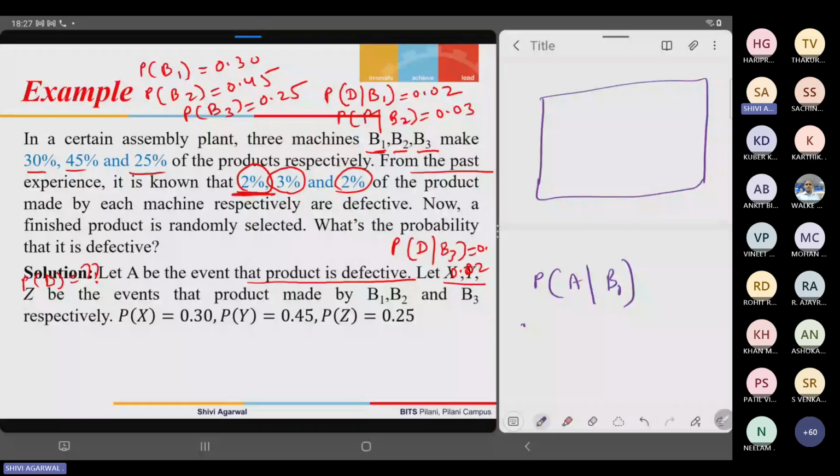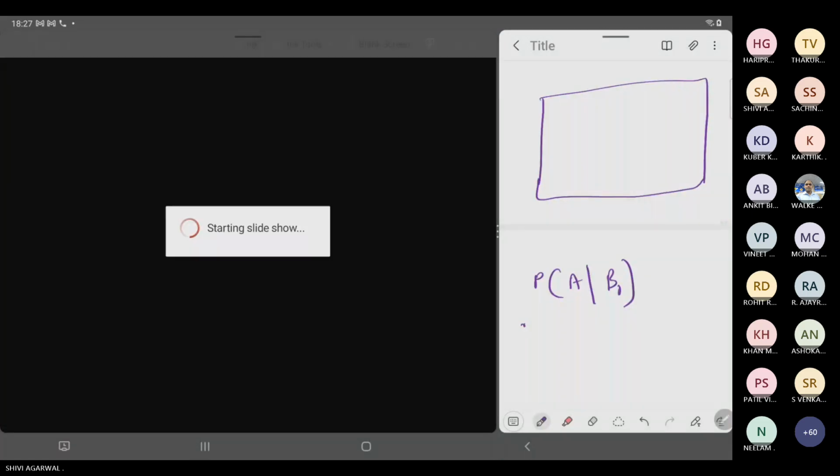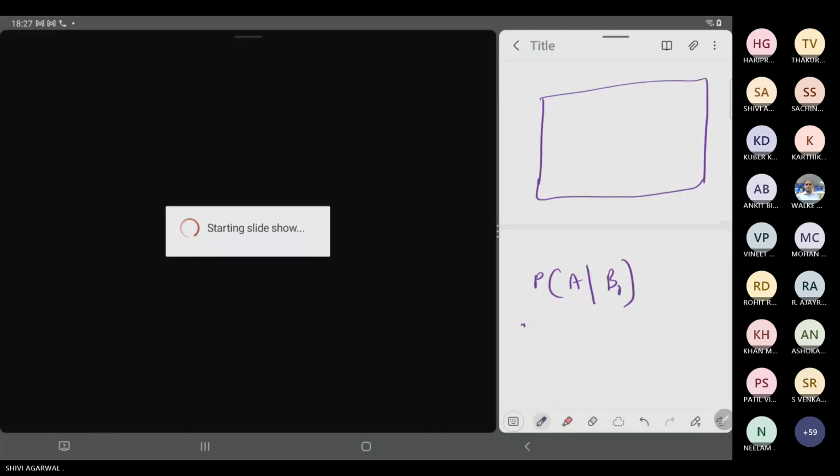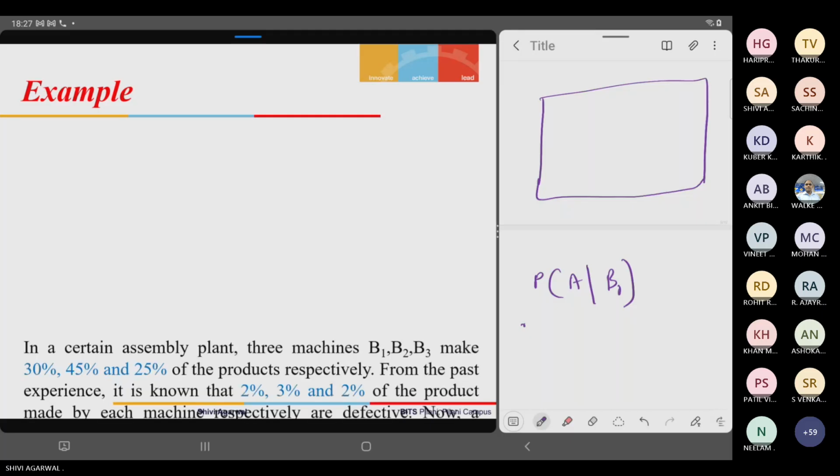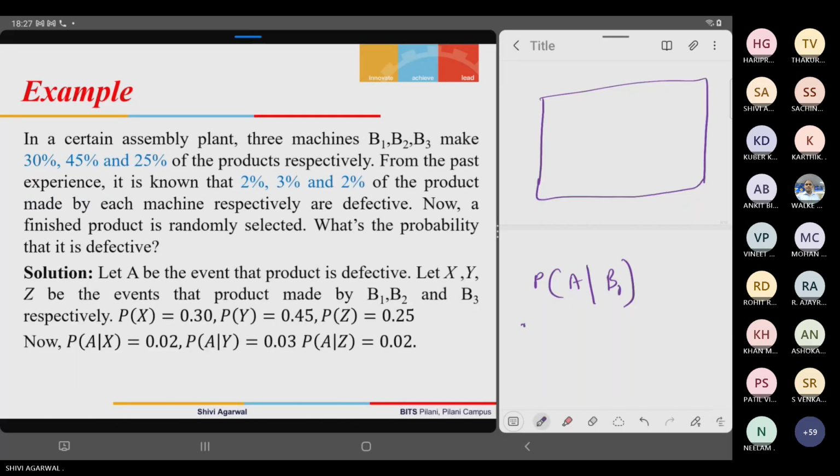Let X, Y, Z be the events that the product is made by B1, B2 and B3 respectively. So the probability of X is 0.30, the probability of Y is 0.45, and the probability of Z is 0.25.